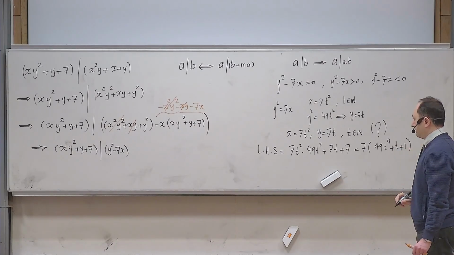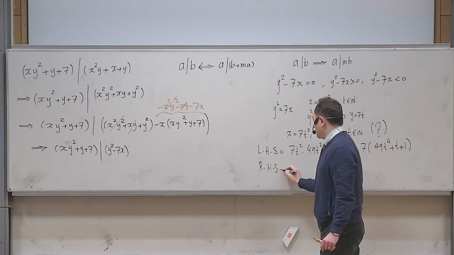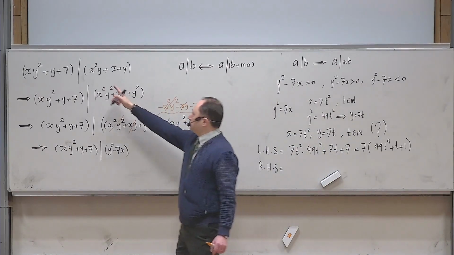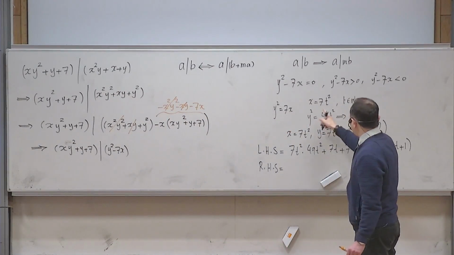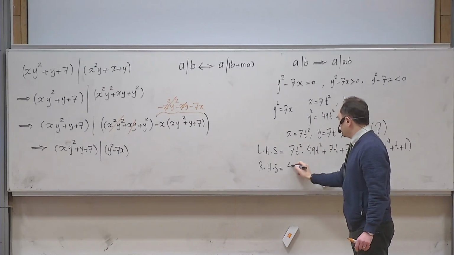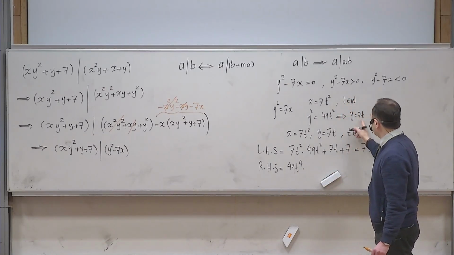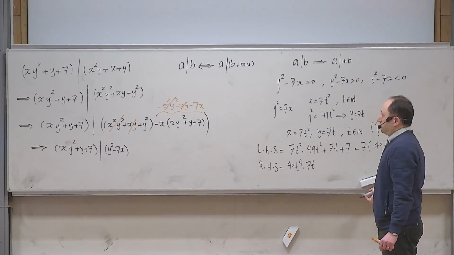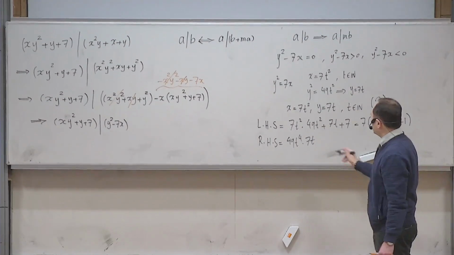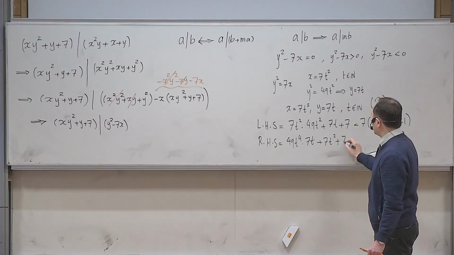This will be my left-hand side. But what is my right-hand side then? I have to replace x and y here. So x squared is 49t to the power of 4, multiplied by y, which is 7t. And then I have x, which is 7t squared, and then I have y, which is 7t.